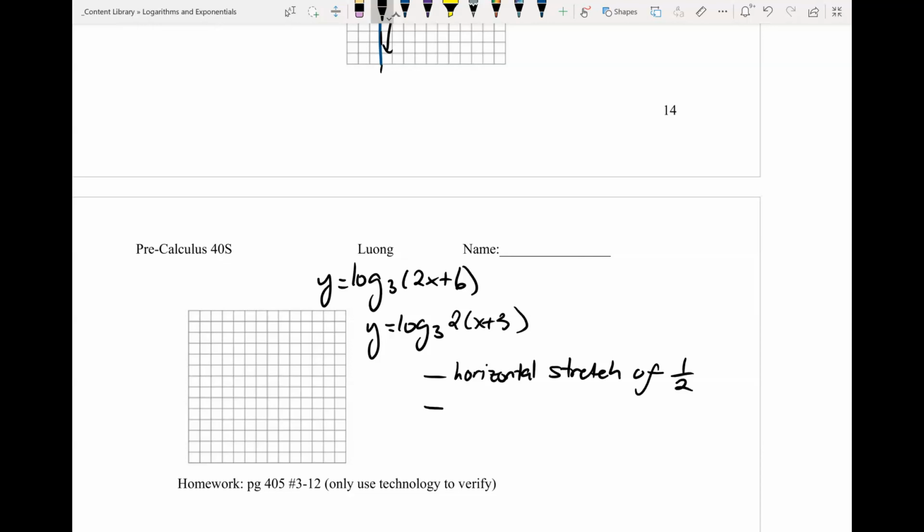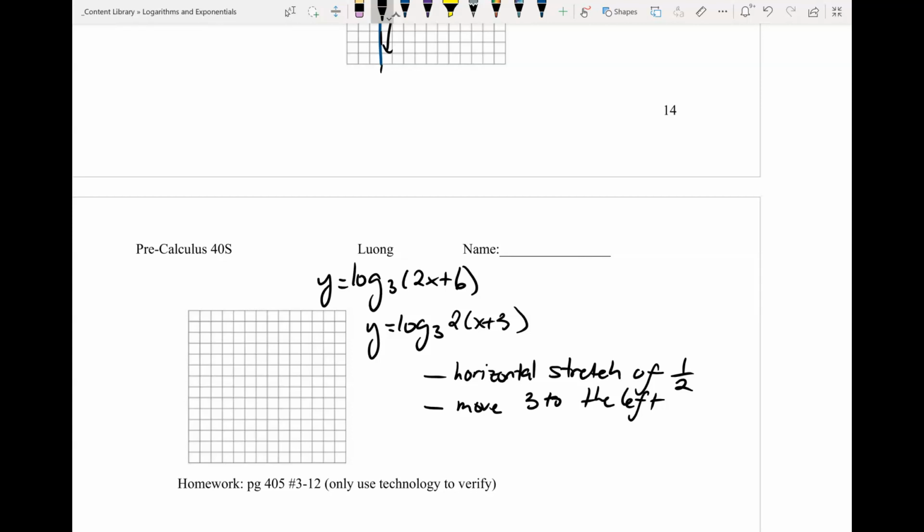And then x plus 3 means we're moving 3 to the left. Again, remember that every time you describe transformations, they have to be in order. So you need to describe the horizontal stretch or the vertical stretch and any reflections prior to describing any translations of moving left, right, up, or down.